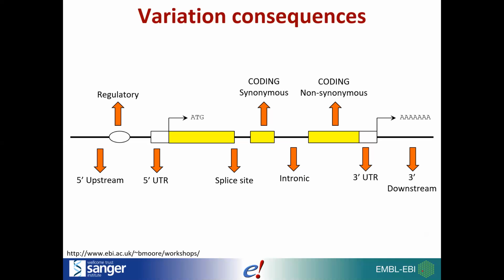So this would be an example of a gene shown in the Ensembl notation, with the protein coding exons as bars, yellow bars in this case, and the white pieces are the non-coding parts of the transcript.